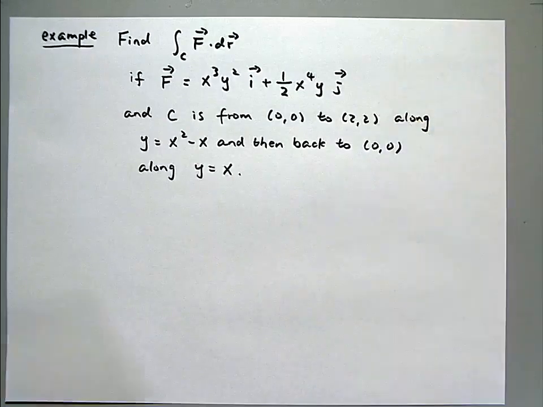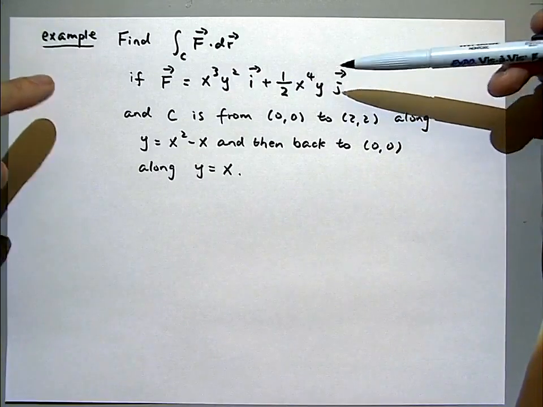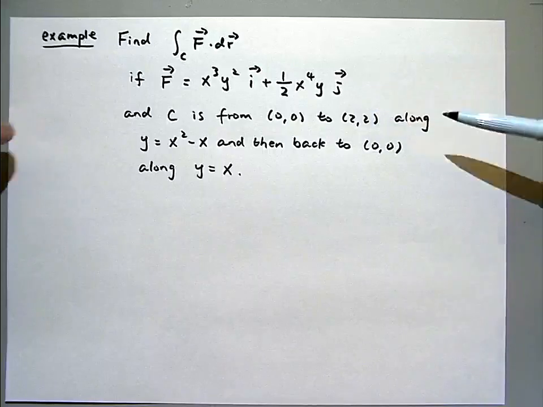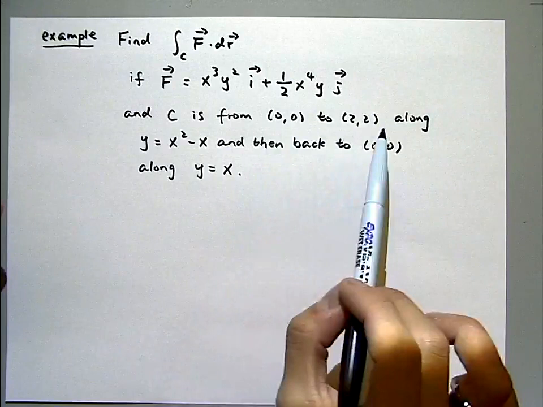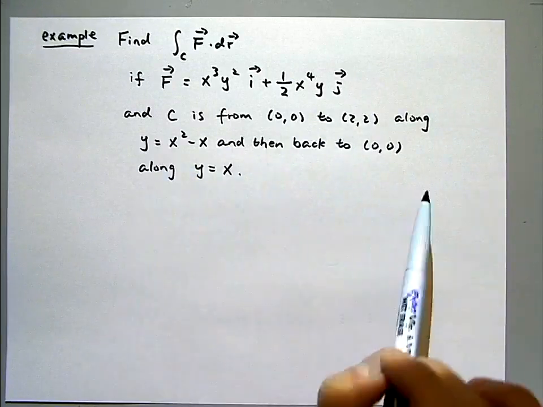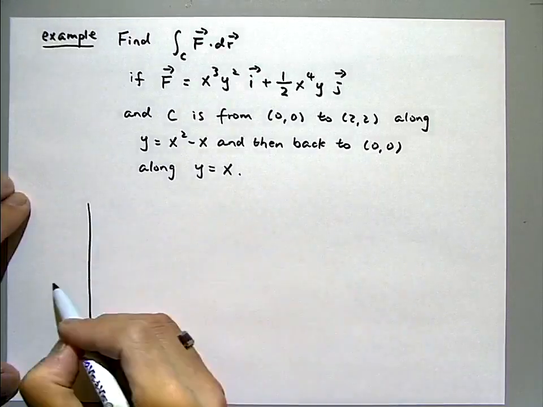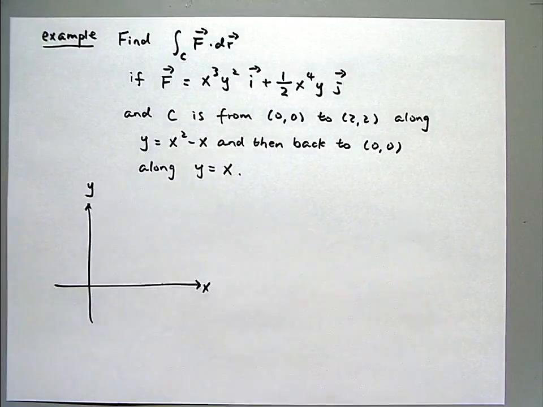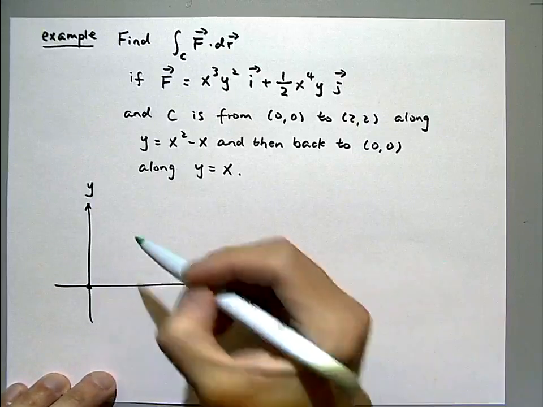So we're going to be moving along in the middle of this vector field, x cubed y squared i plus 1/2 x to the 4th y j. Now we're going to travel on this path. I'm going to go from 0 to 2, 2 along a parabola, and then back to the origin along a line. Let's make a sketch of that. Starting point is here.